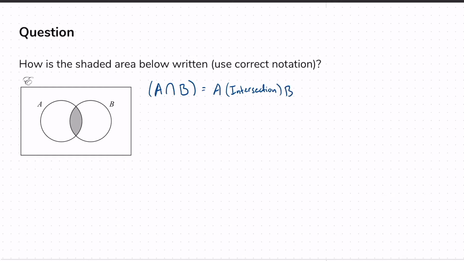It's the intersection of A and B. And because it looks like an N, it kind of looks like "and". A and B.